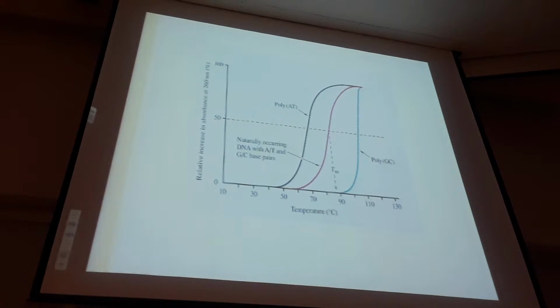The one in the middle actually has been obtained with a DNA that has, let's say, a statistical combination of AT and GC pairs.